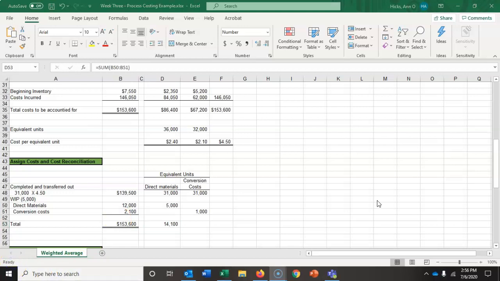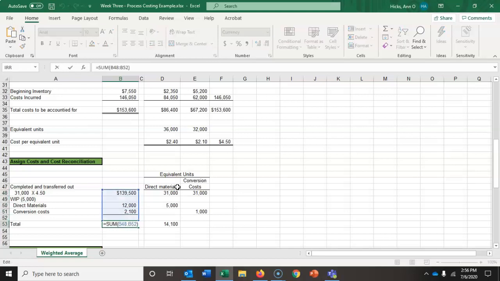Now, that's the assignment of the costs. Here's the reconciliation. If we add the 139.5 plus the 12 plus the 2,100, that gives us $153,600, which is equal to our total costs and tells us that we have assigned all the costs that we needed to.